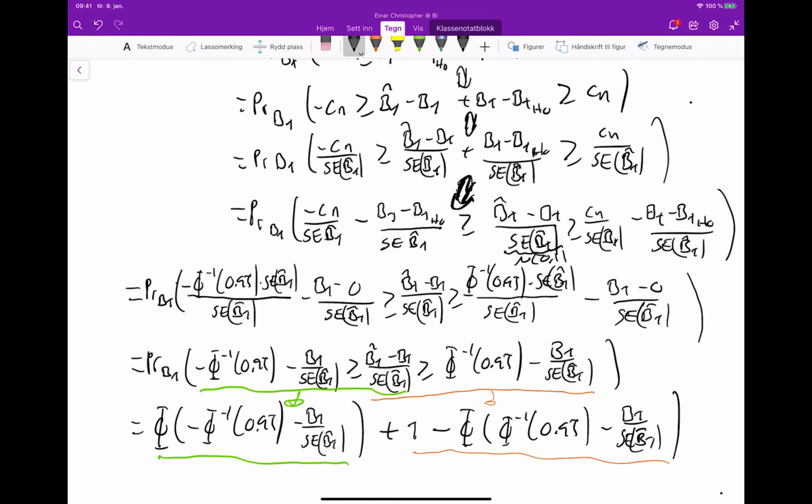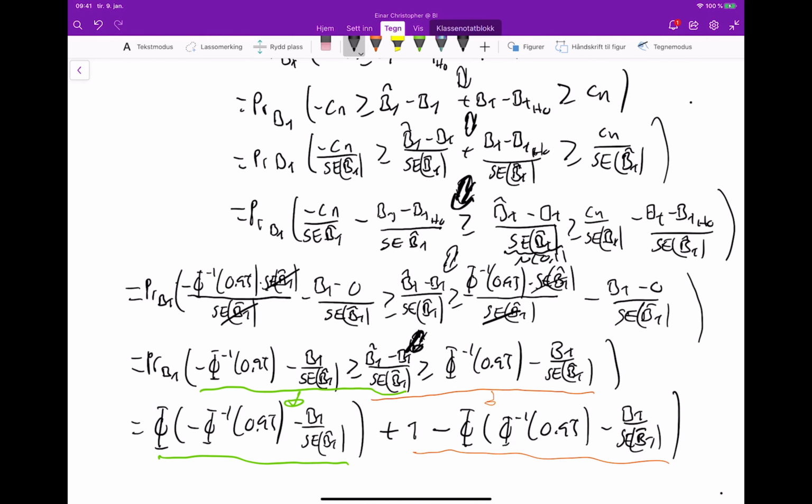Therefore, in the next line I just change the limits to Cn, which I calculated earlier. I put in the limits, and then I cancel this out, and this out. Then we get this line here.